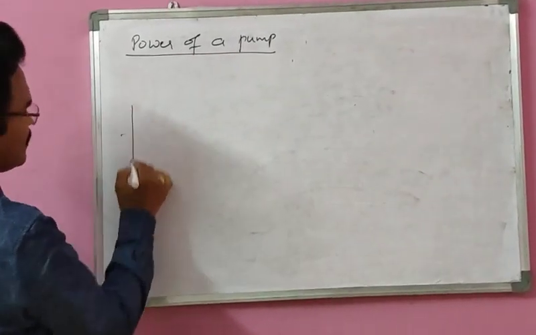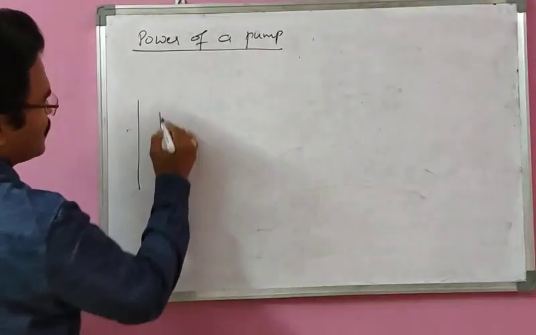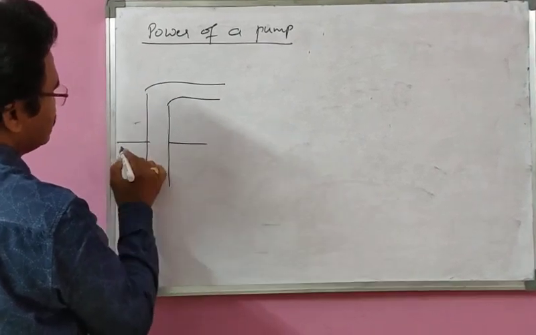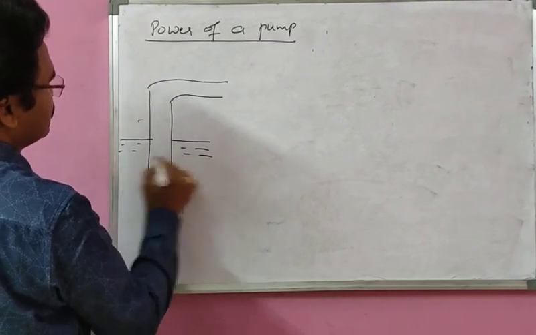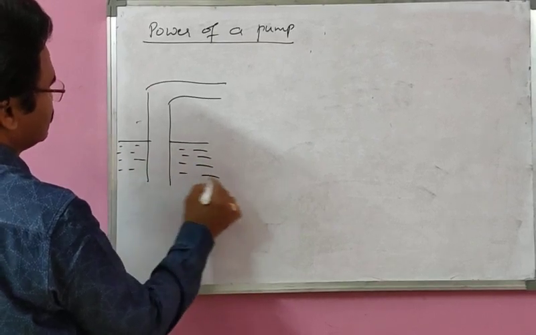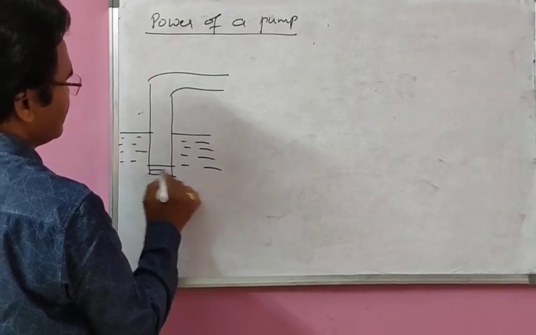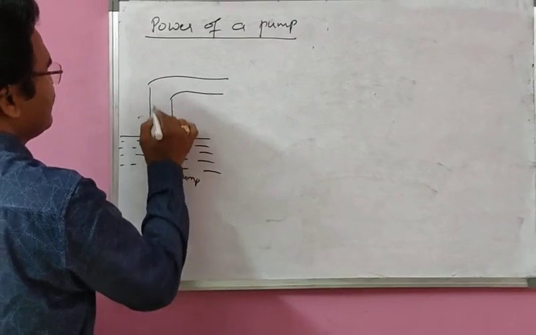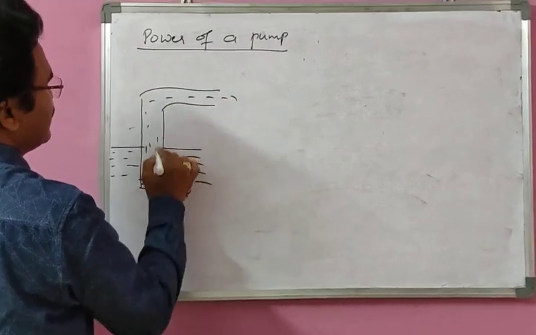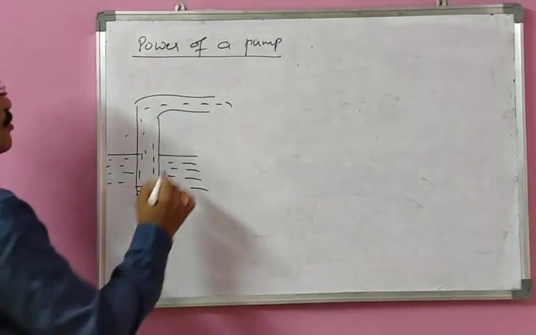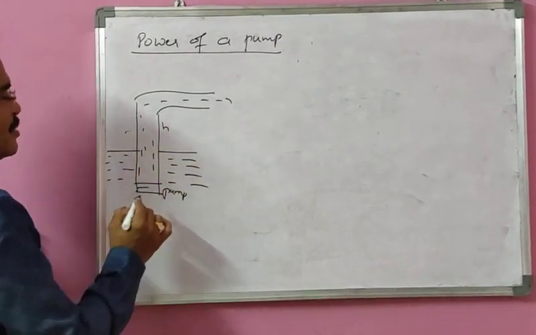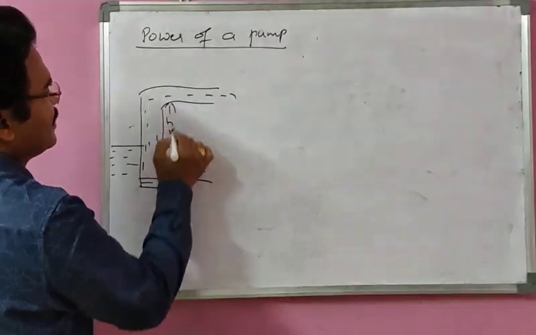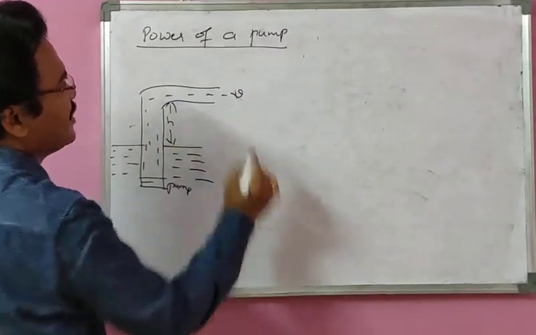For example, this is the pump here. It is pulling up the water, lifting it to a height h, and ejecting it with a velocity v.